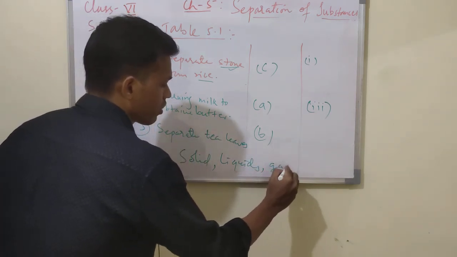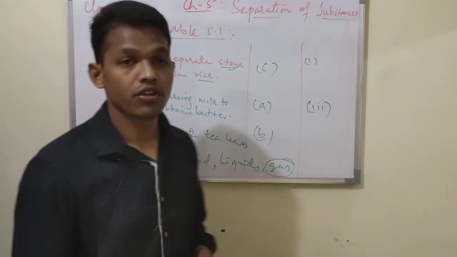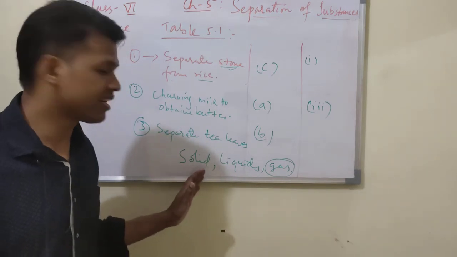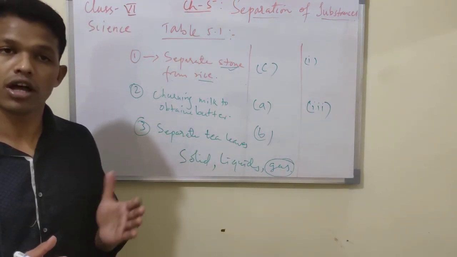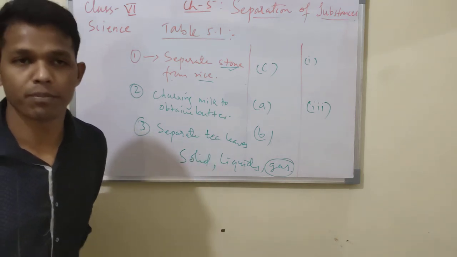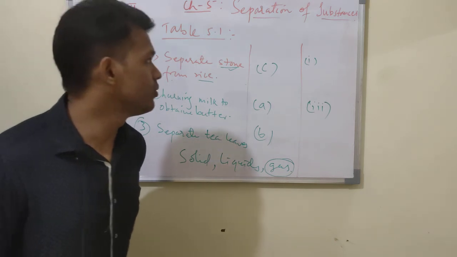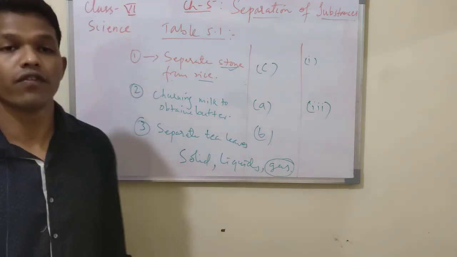In gases also we will discuss how to separate materials. There are methods by which we can separate useful or unwanted substances from a mixture of materials. In the next class we will study methods of separation.